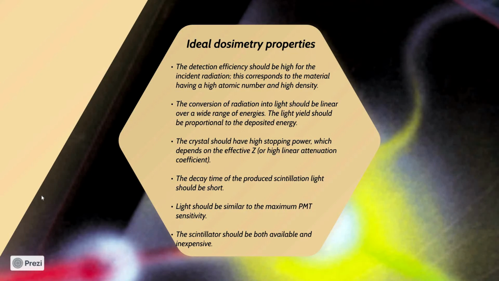The third one is that the scintillator should have high stopping power that depends on the effective atomic number. The fourth one is that the decay time should be short. The fifth one, the light output should match the photomultiplier tube sensitivity. And the last one is that the scintillator should be both easily available and inexpensive.